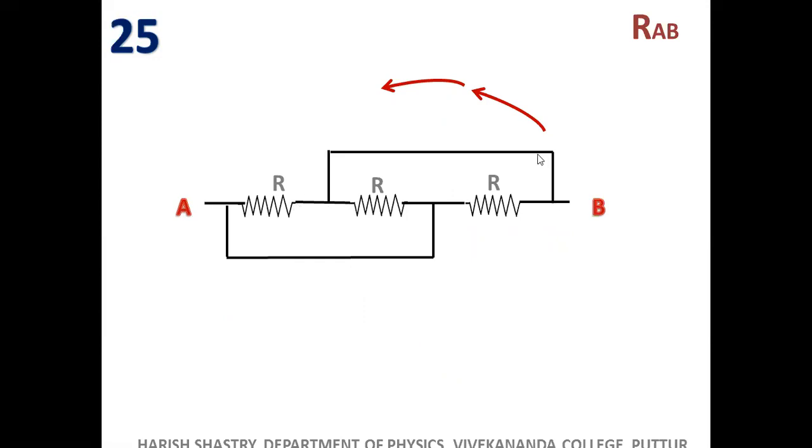What about this end? This is made common, right? The other third resistor, this end is made common. What about here? Here you see, these two ends are made common. What about this one? This is made common. That means all the three resistors have two common points. Their two terminals are made common. So this is a parallel combination.